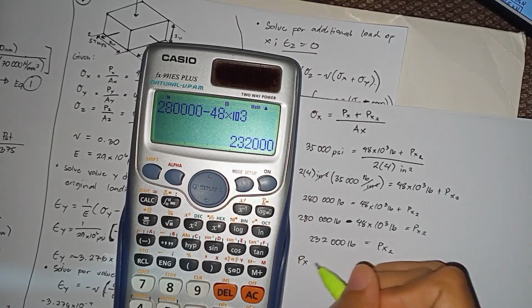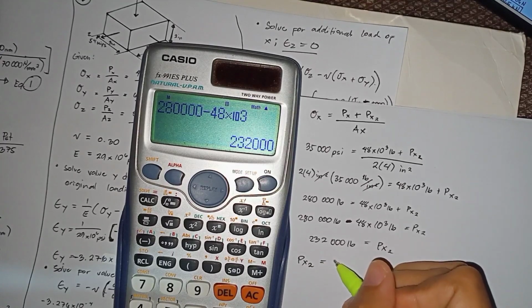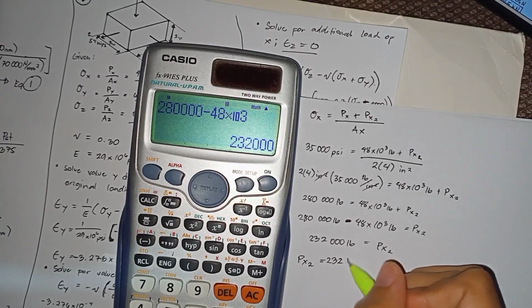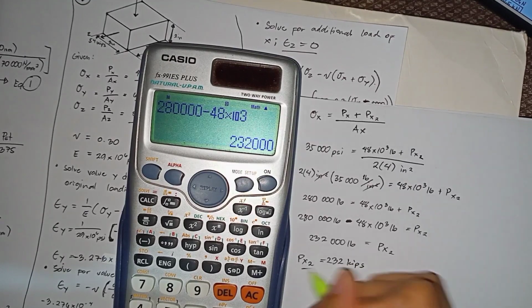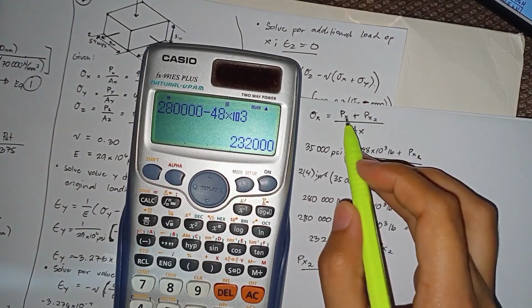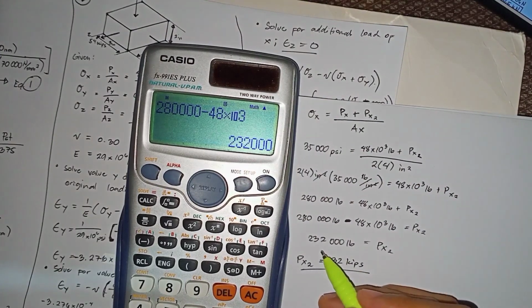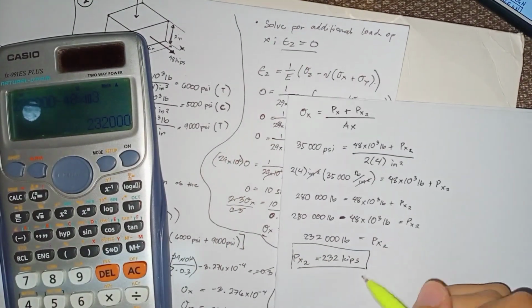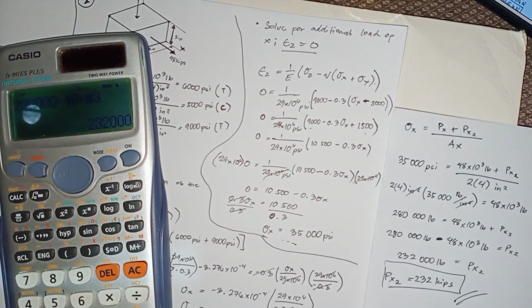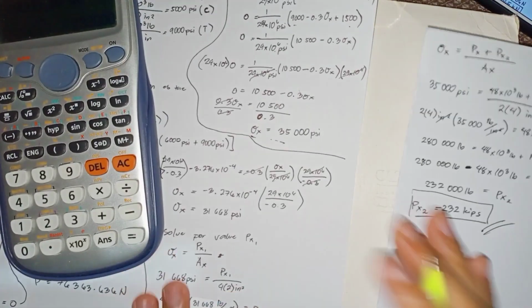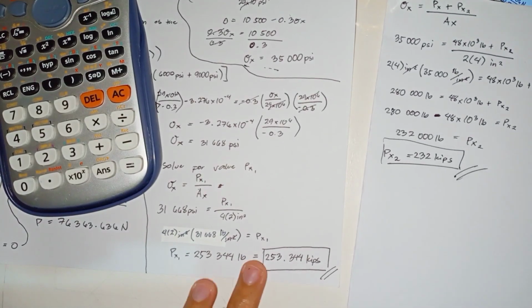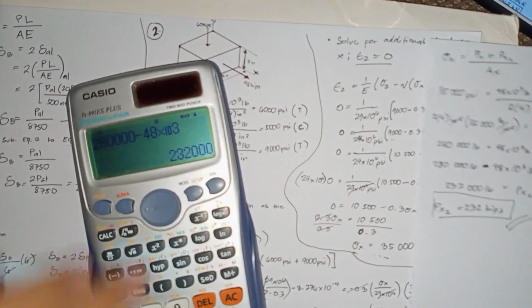Or kung gagawin natin siyang kips, that is 232 kips. So, ito yung dapat natin na i-add sa P of x natin para magkaroon tayo ng 0 strain sa Z. So, ito yung mga sagot natin. Hindi magkasya sa screen. Ito yung first, ito yung second. Okay.